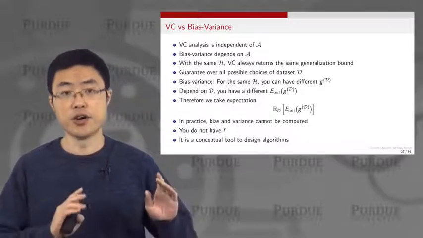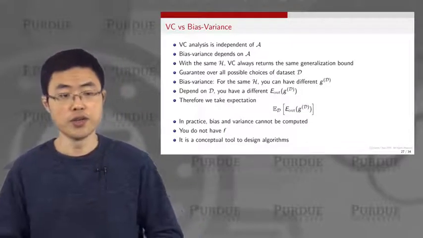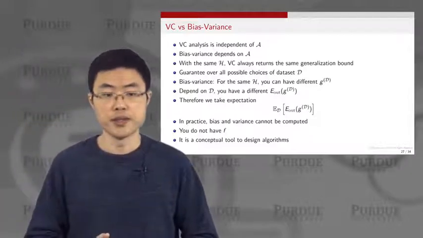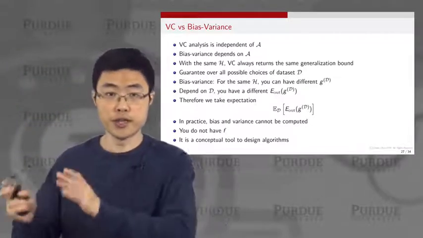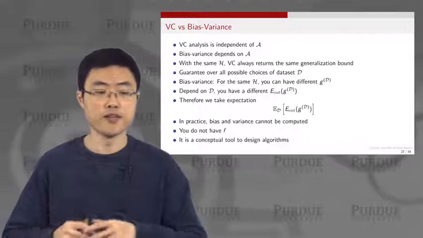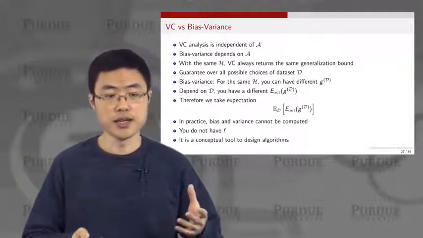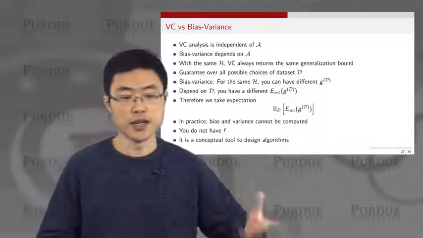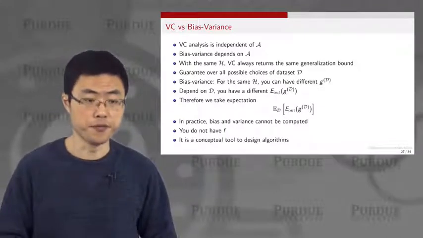Bias and variance, on the other hand, depends on your learning algorithm A. In other words, if you choose a different learning algorithm, you will end up having a different result, and that will give you a different bias and variance trade-off.